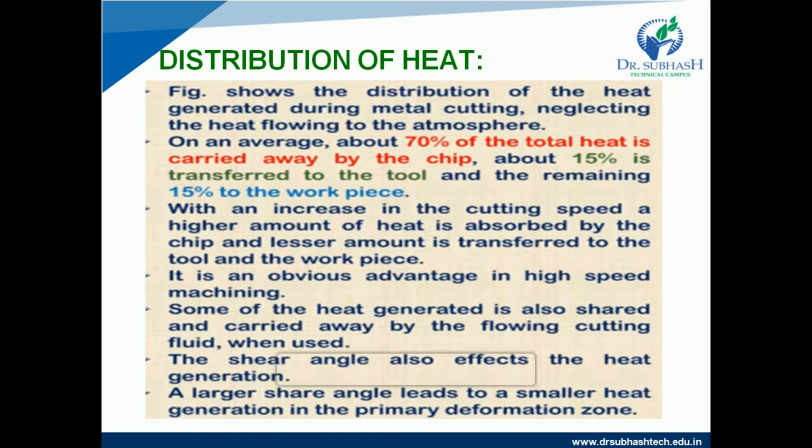With an increase in the cutting speed, a higher amount of heat is absorbed by the chip and a lesser amount of heat is transferred to the tool and the workpiece. So as we calculated, near about 70% of the total heat is carried by the chip.